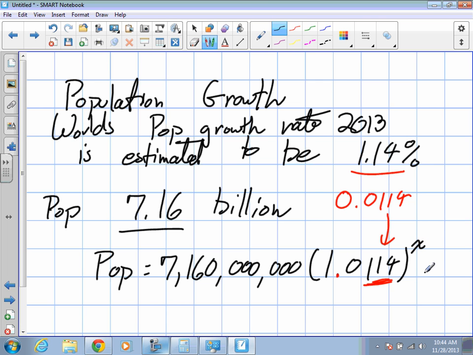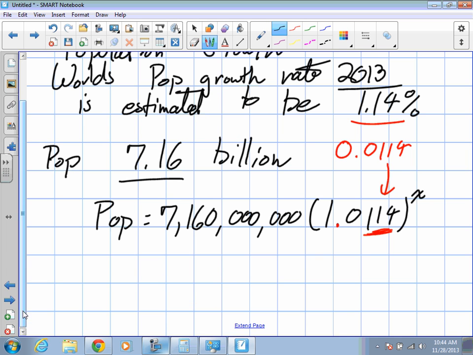X is going to represent the number of years from 2013. So if we wanted to figure this out, what would be a year you guys would like to figure out? 2047, 1997. 2047. First year. Let's go like that. 2047? 2047. Now, what value would we put in for x?